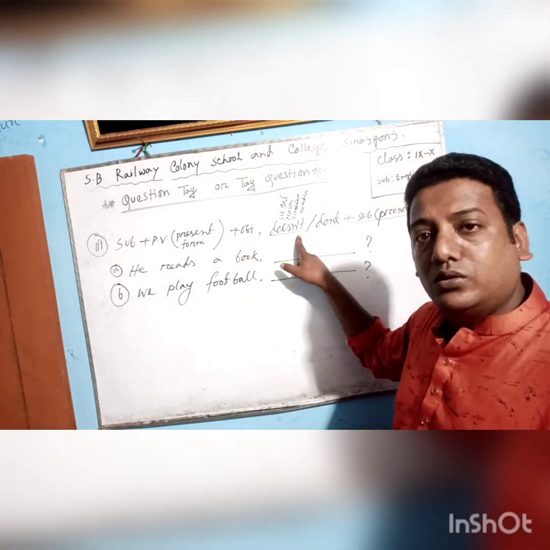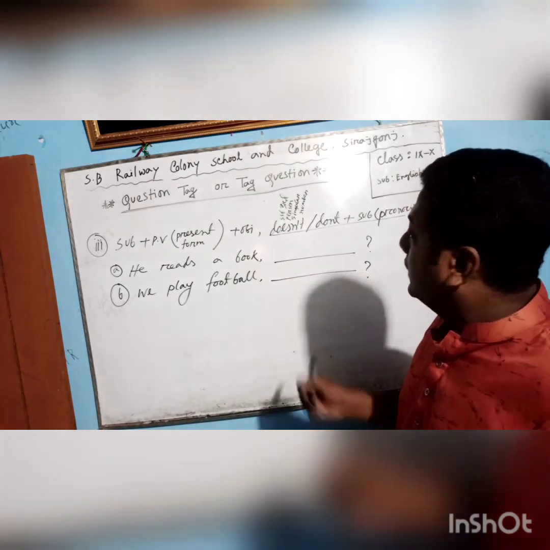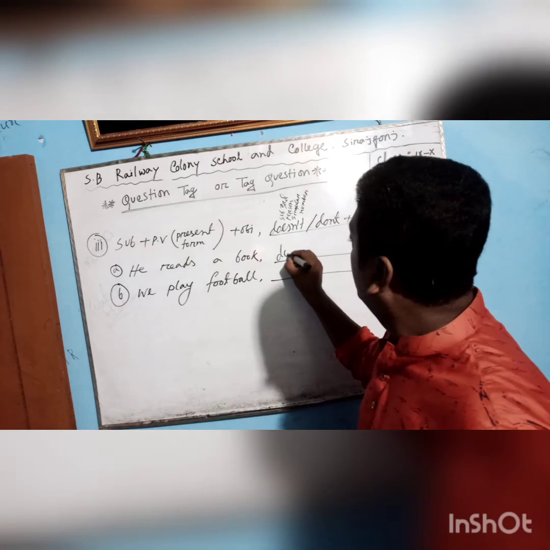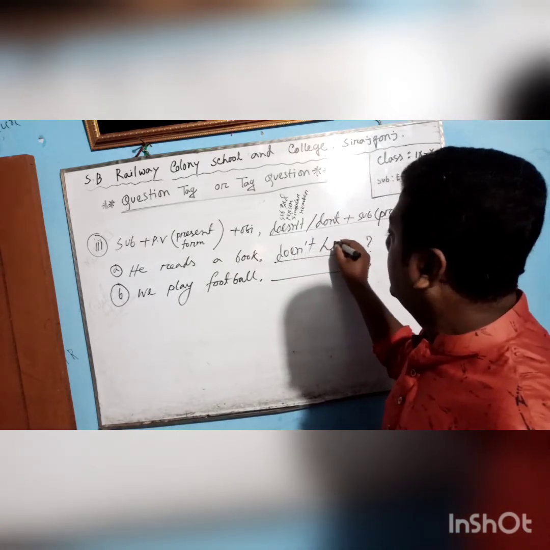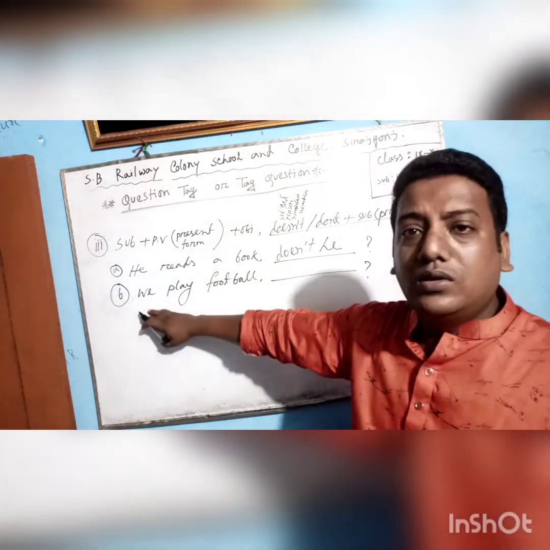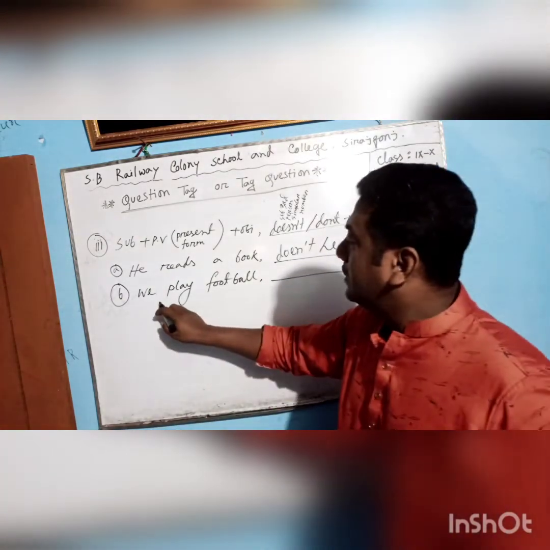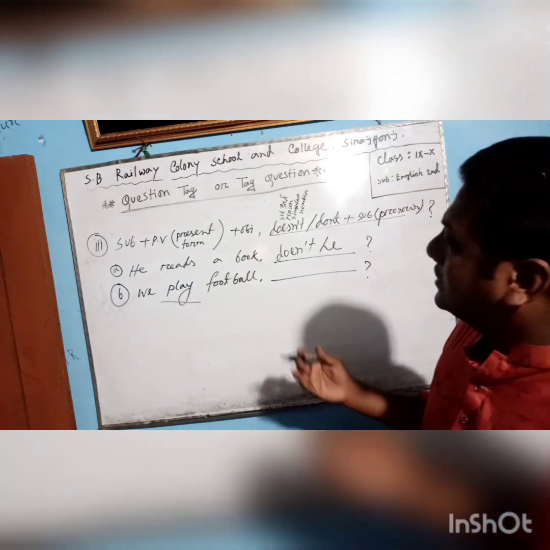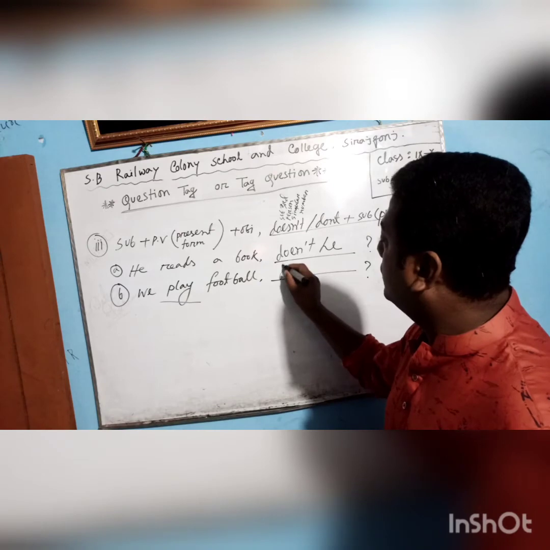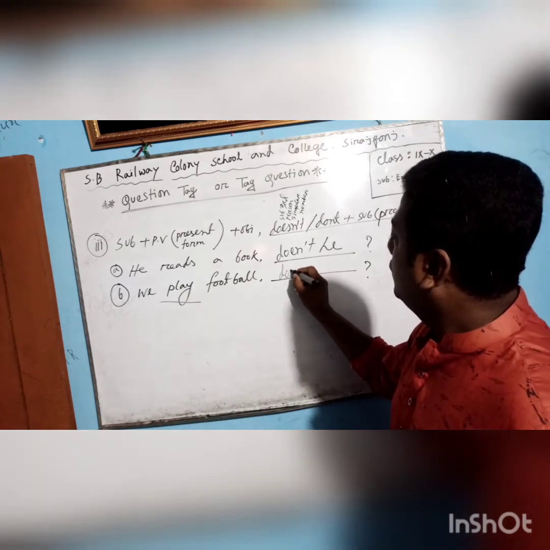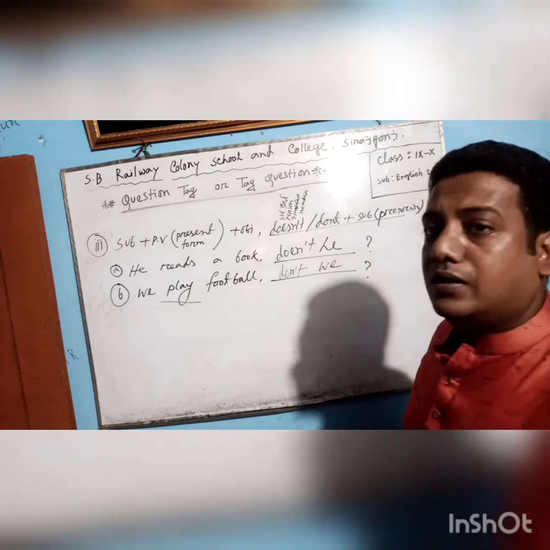In the second example, we is first person plural number, and the verb does not have any s or es, so we undoubtedly write don't we.